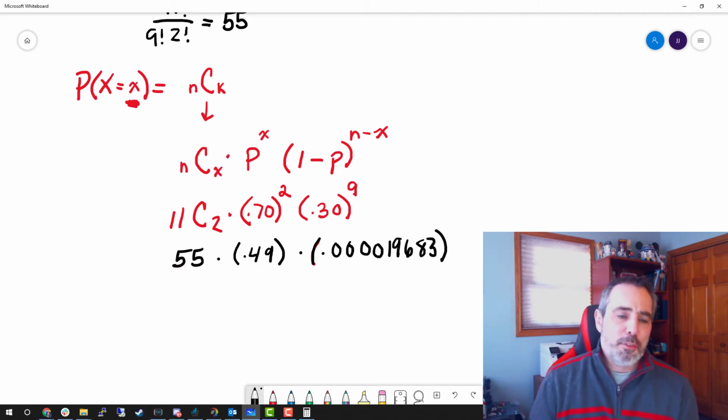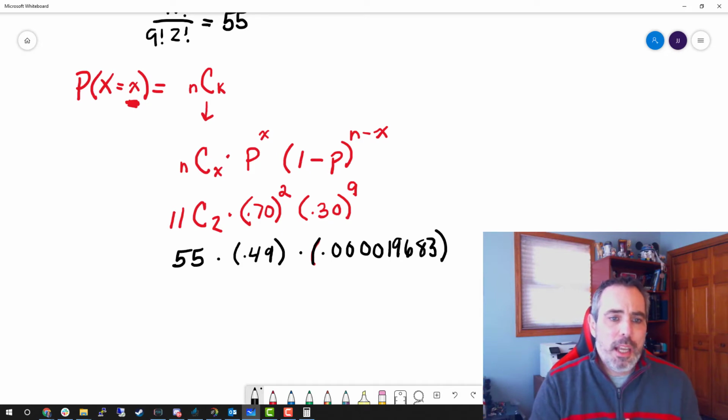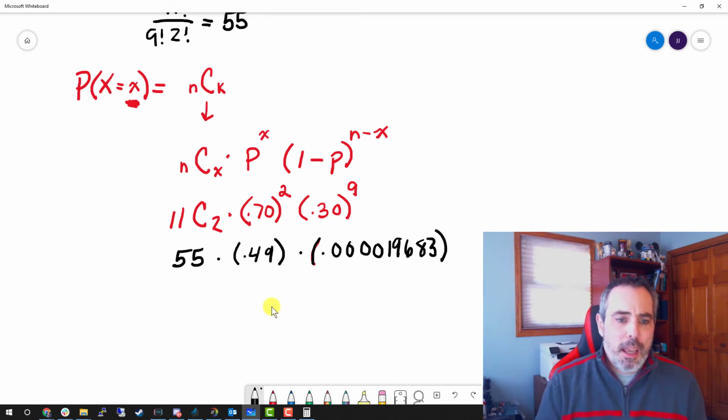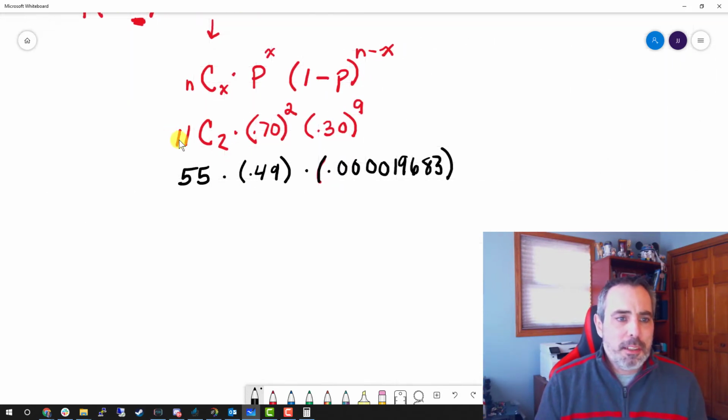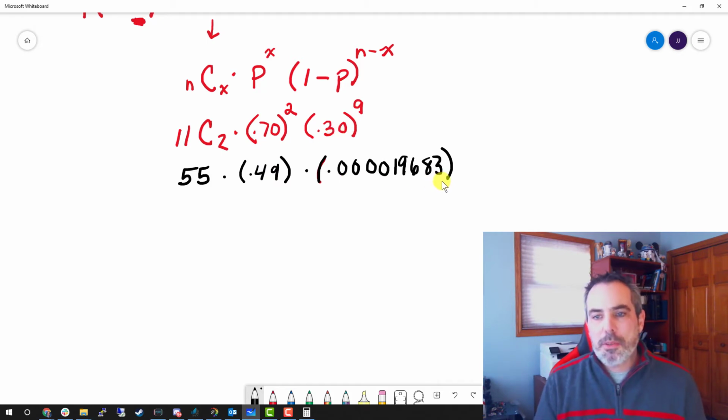Here then is the final formula for a binomial distribution, to figure out how many ways an insect could die. And look at what we have here. How many different combinations are there for 2 insects to die? 55. What's the probability that 2 insects die? 0.49. And what's the probability that the other 9 insects live? 0.000, all that stuff.